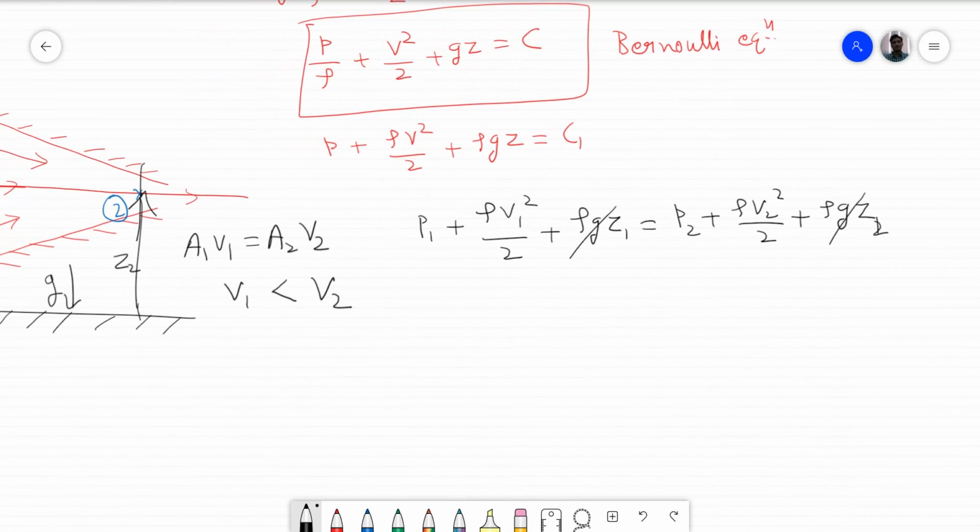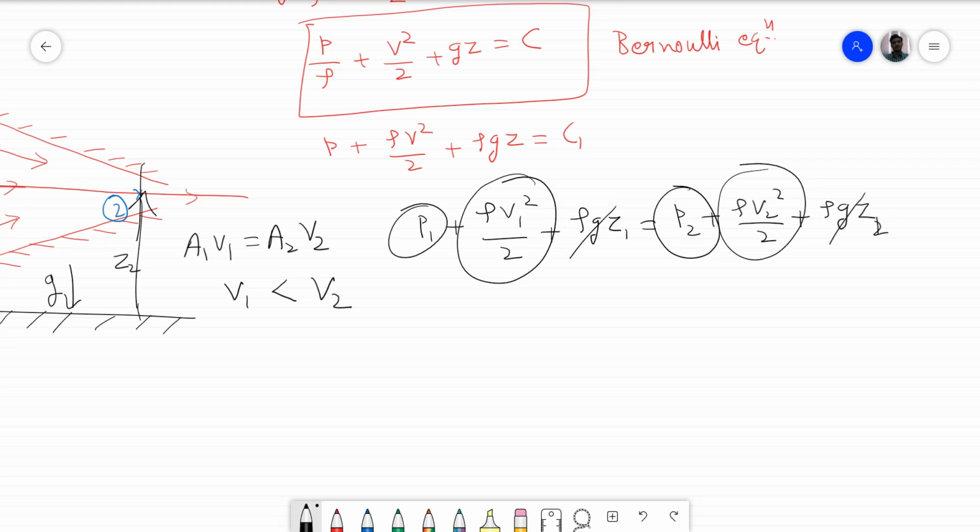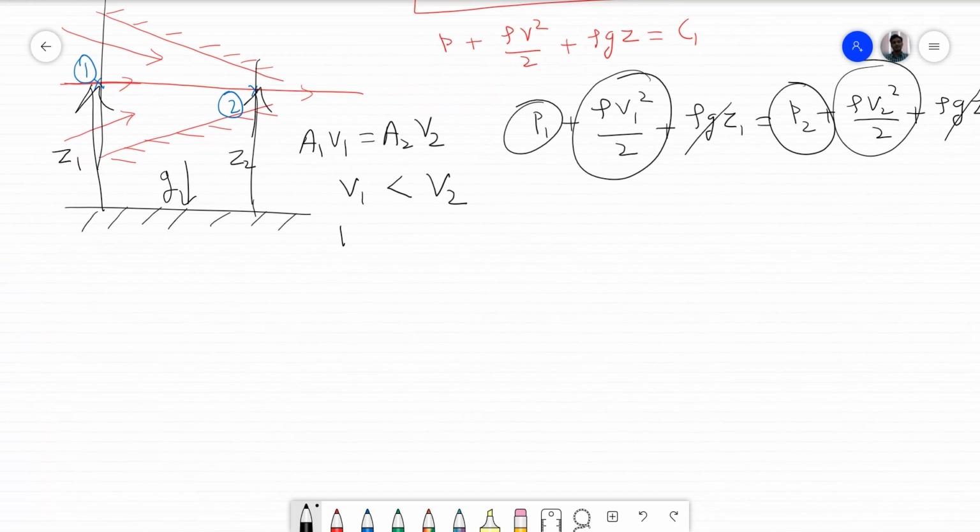Now let us see what the other terms say. So V1 is less than V2, therefore this term is less than the velocity term on the right hand side. Therefore P2 has to be higher than P1 to balance the equation. So let us write, P1 has to be higher because V1 is less.